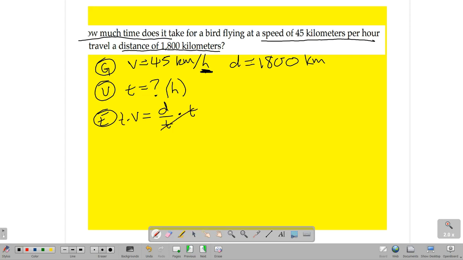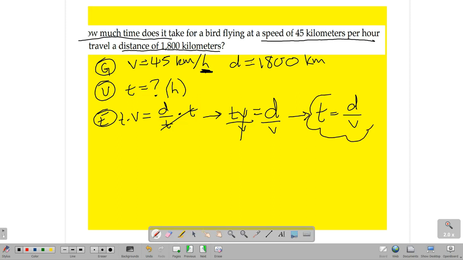Okay, that's going to cancel these two out. And now you're left with tv is equal to d. But we're not done. We're trying to solve for t. We got to get that by itself. So let's divide both sides by v now. These will cancel out. And now we have t is equal to d over v. This is the equation we want to use.